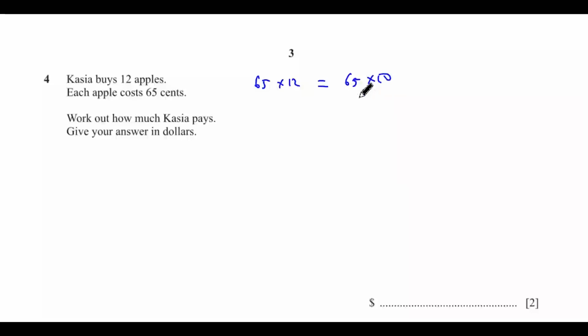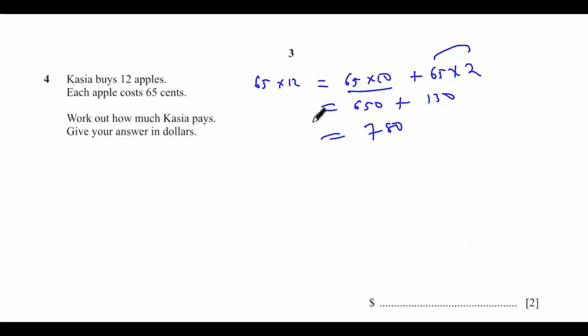We are short of 2, then plus 65 times 2. It's easy to multiply 65 by 10. That will be 650. Then plus, it's also easy to multiply 65 by 2. That will be 130. And it's easy to add the two numbers together now. So we have 780. That will be the total there.